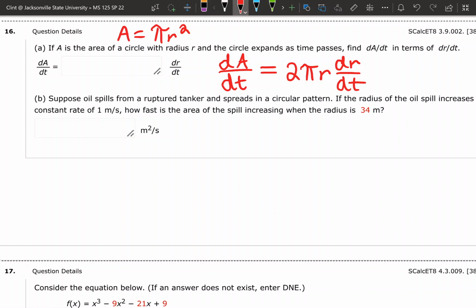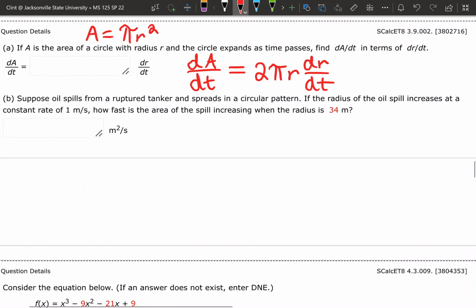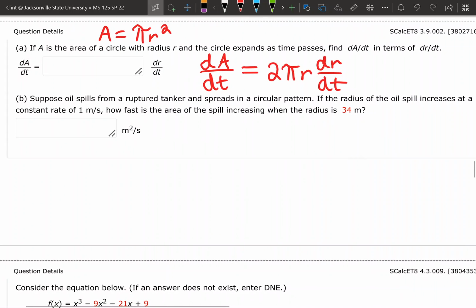Then on B, it says suppose oil spills from a ruptured tanker and spreads in a circular pattern. If the radius of the oil spill increases at a constant rate of 1 meter per second, how fast is the area of the spill increasing? So how fast is the area increasing? That would be changing the area with respect to time.